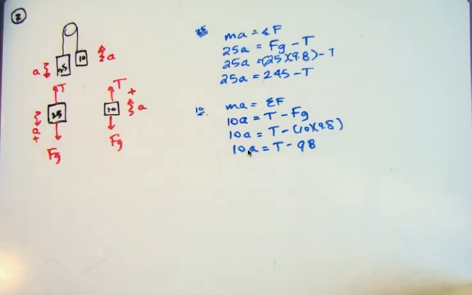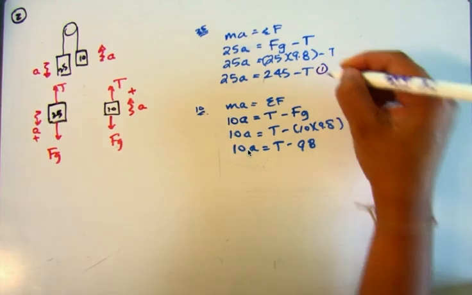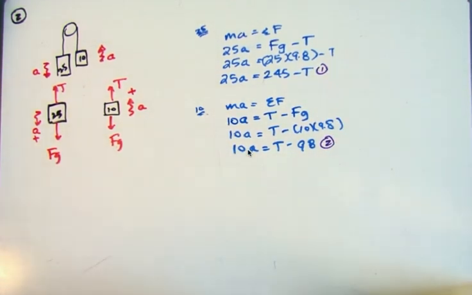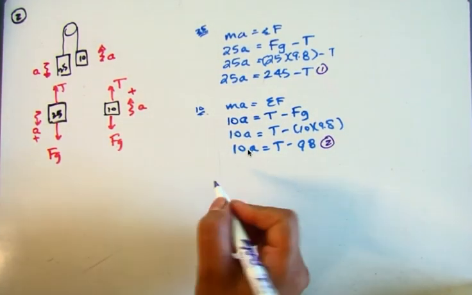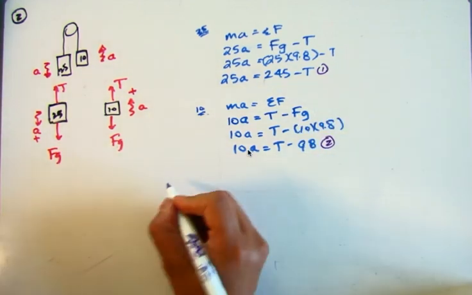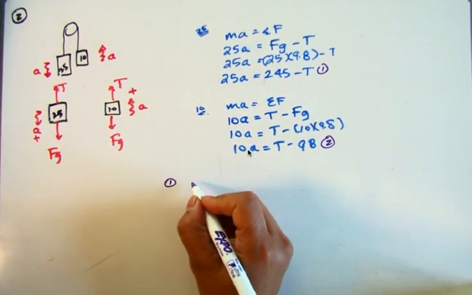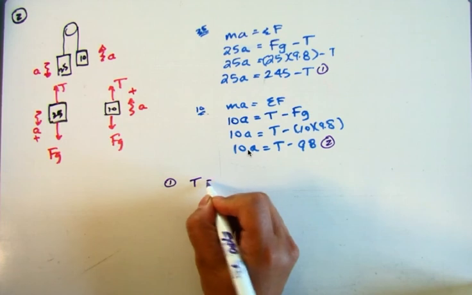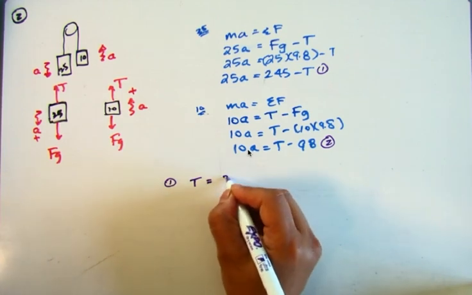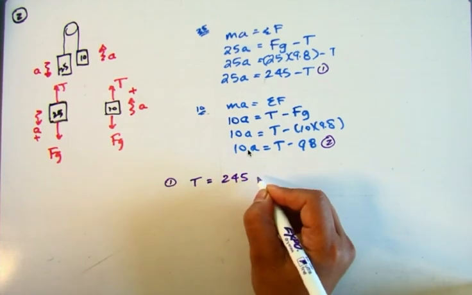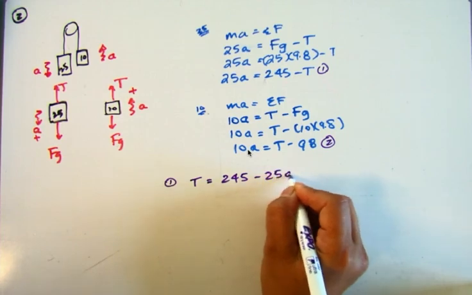So where do we go from there? Well, we set up our system. So that's equation 1, that's equation 2. You can solve these any way you want. I'm going to solve each one for T. So in this equation, to solve for T, I get T equals 245 minus 25a.